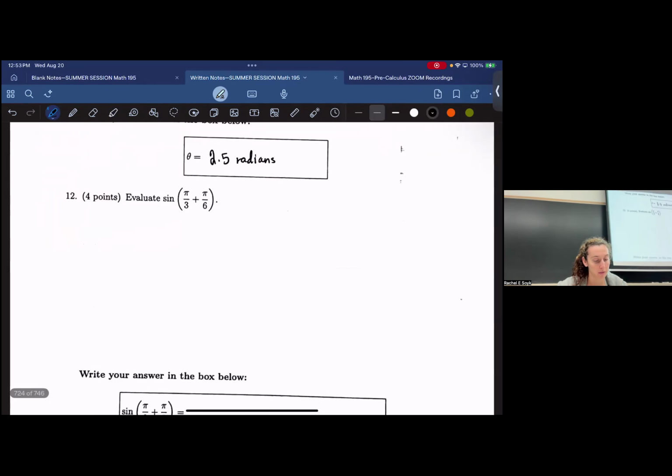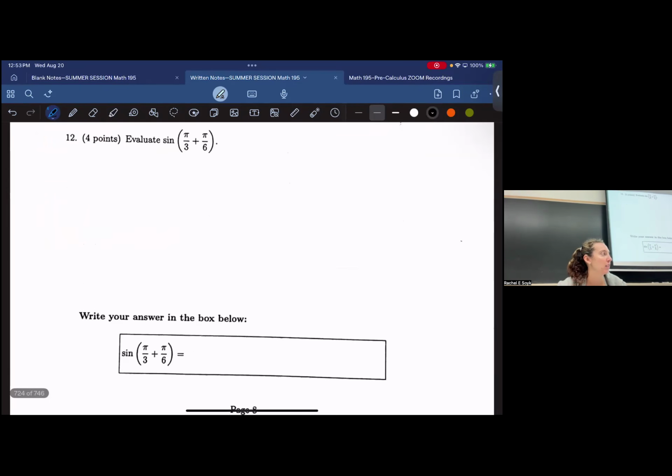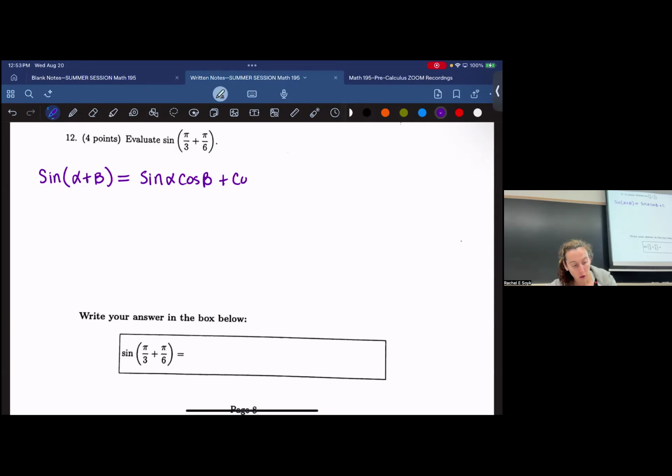Question 12. Ooh, we have a sum formula. Evaluate sine of pi/3 plus pi/6. Our sine of alpha plus beta. What do we recall from this? When we're dealing with sine sums, the signs stay the same, but the pairings are different. So our pairing is going to be sine alpha cosine beta, keep the same sign, still positive, plus cosine alpha sine beta.